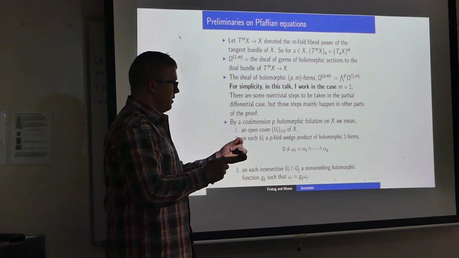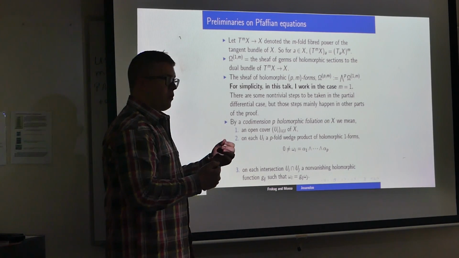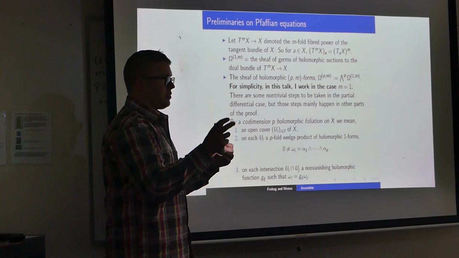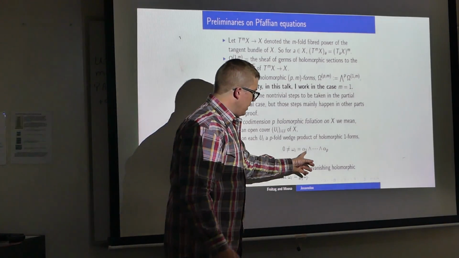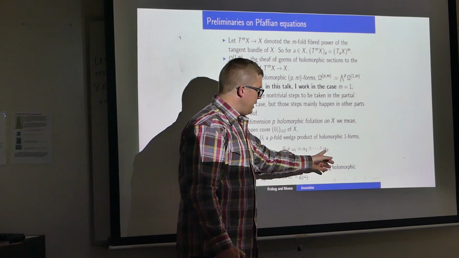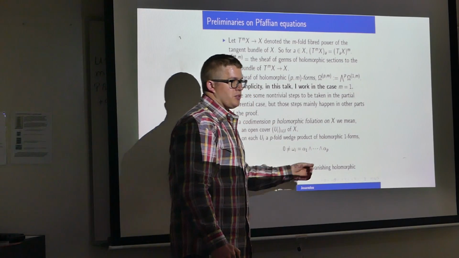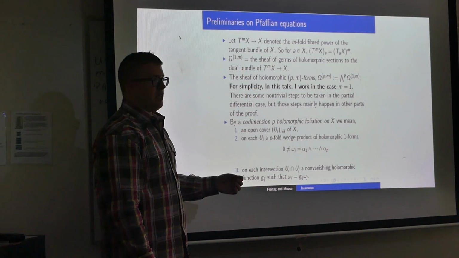And if I look at the subset where that form vanishes, I have a linear subspace. And because this is a non-zero wedge product, the common kernel of each of these forms has codimension P.